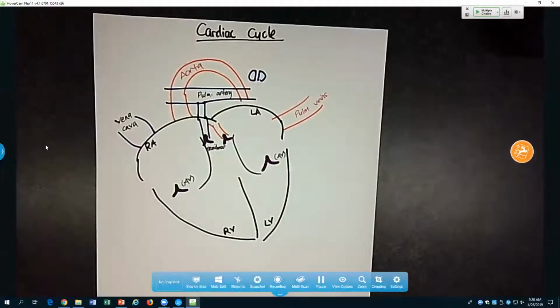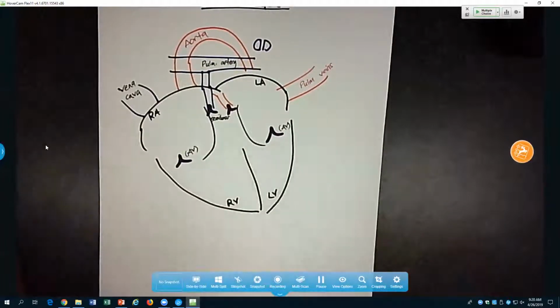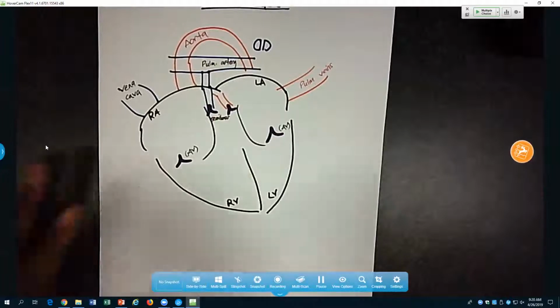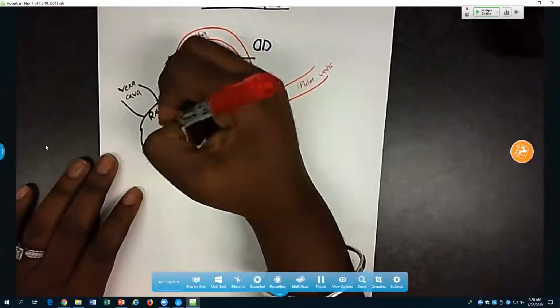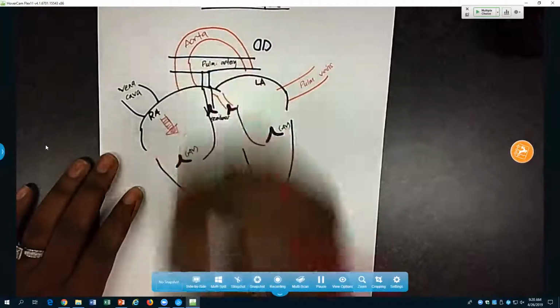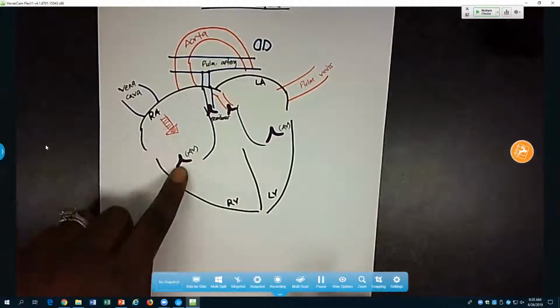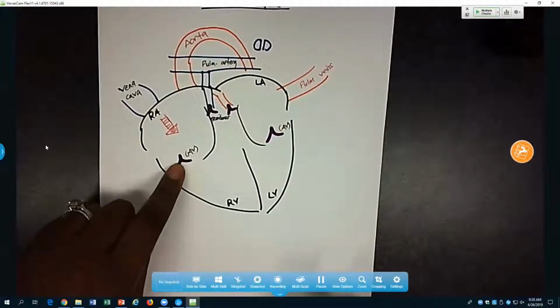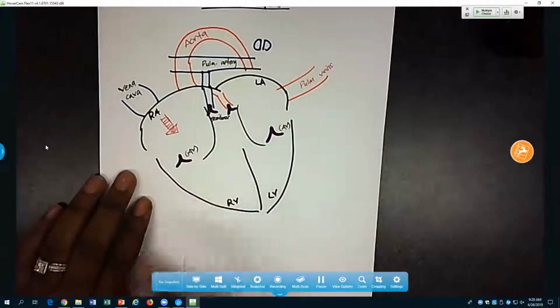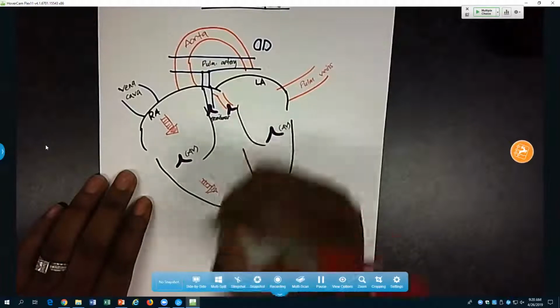Now, when we talk about the flow of blood here, in a single cardiac cycle, so in a single heartbeat, blood is moving into the right atrium here from the systemic veins, and then it's going to move through the first AV valve. Now, on the right side, the AV valve is the tricuspid valve, and move into the right ventricle. So blood is going to be taking this path here.